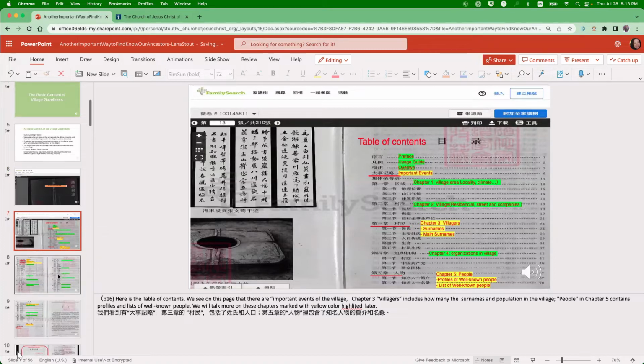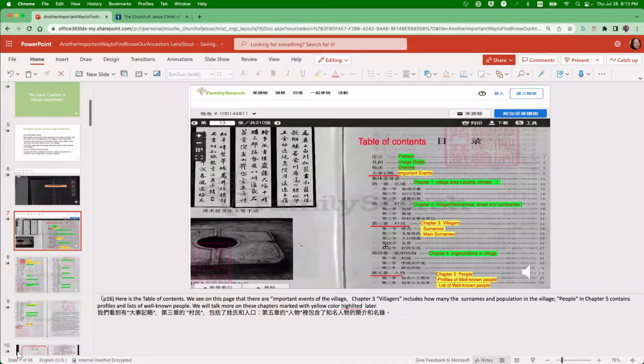The village gazetteer's content is not exactly the same as other levels of gazetteer, because those are government ones. They have certain content that must be included, but a village gazetteer does not. You can do whatever you want.